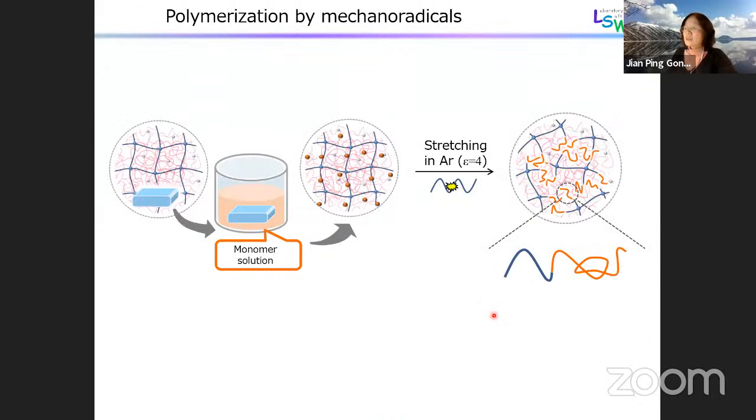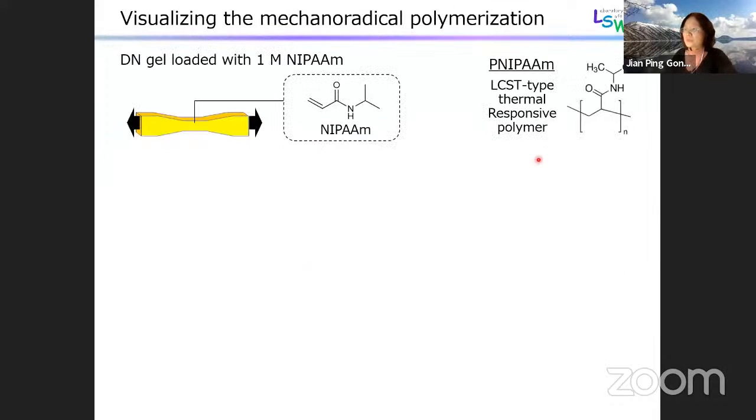And so we can think that if we immerse a double network gel in the monomer solution and then do the stretching, we can see if polymer chains are formed after stretching. First, we try to use NIPAM.